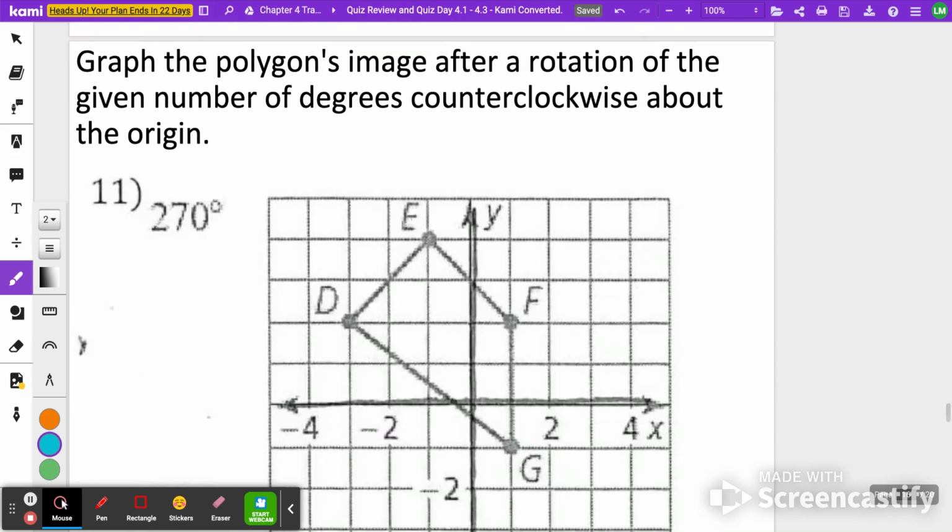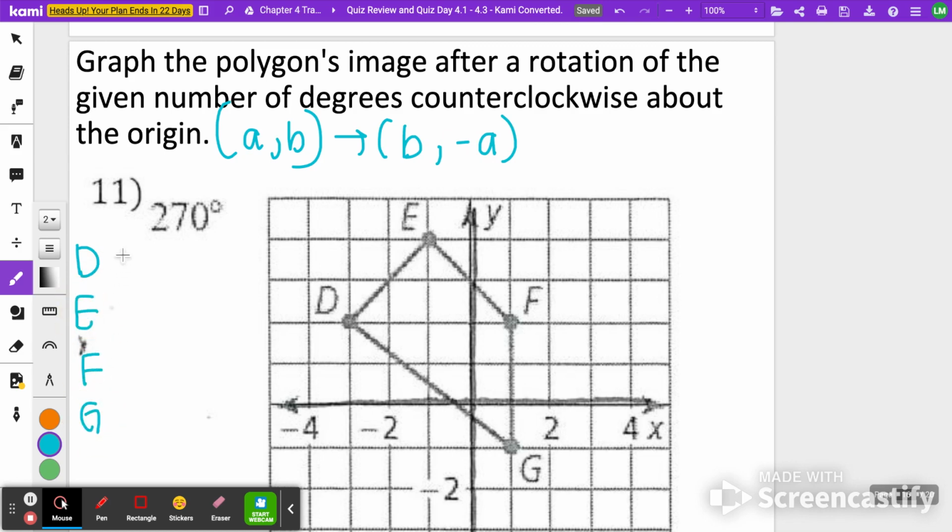The last one is our 270-degree rotation. Remember, our rule for this one is (A, B) changes to (B, -A). So start by listing your points. We have D, E, F, and G. Point D is at (-3, 2). Point E is at (-1, 4).